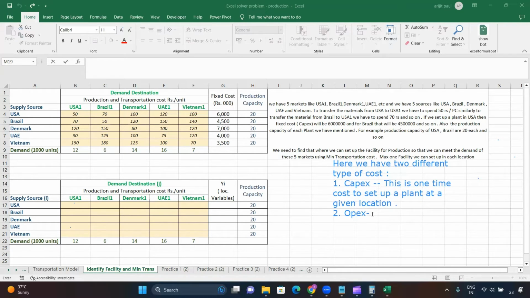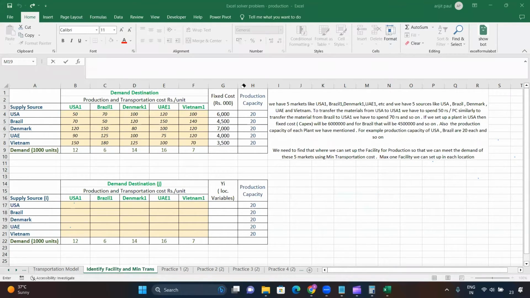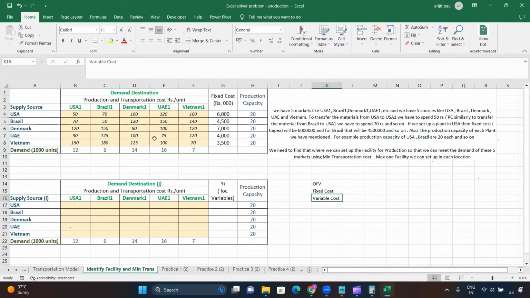Okay, that means we can say we have a fixed cost and we have variable cost. The variable cost is nothing but the OPEX, the operation cost. Okay, so if we need to write a mathematical formula, we can mention it this way.